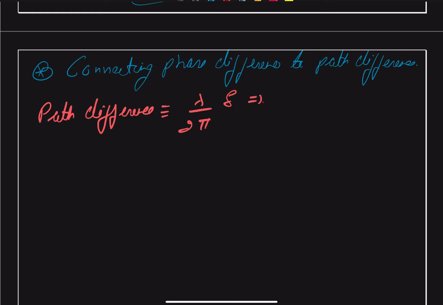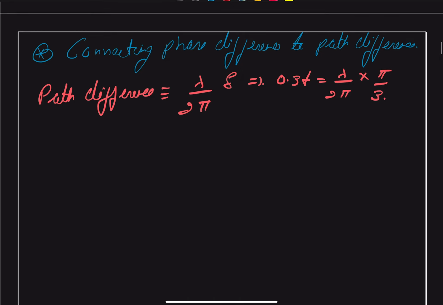So 0.3t will be equal to lambda upon 2 pi multiplied by the delta value, that is pi by 3.